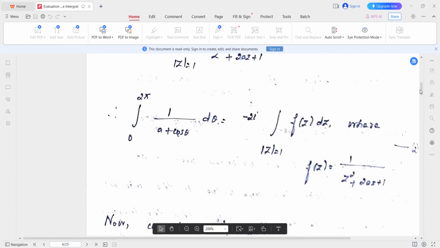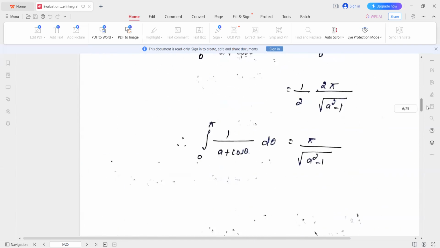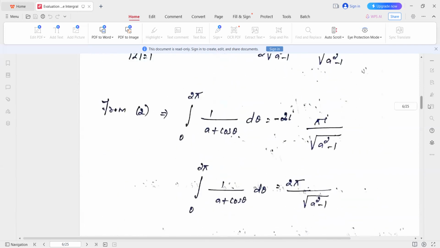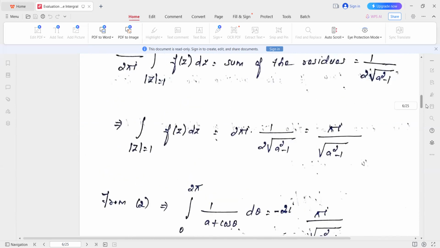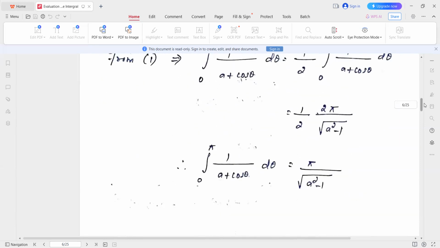We get the integral over 0 to 2 pi of 1 by a plus cos theta d theta is equal to minus 2 i into the value of the integral over mod z equal to 1 of f of z dz, which is nothing but pi i by square root of a square minus 1. By simplifying, we get 2 pi by square root of a square minus 1.